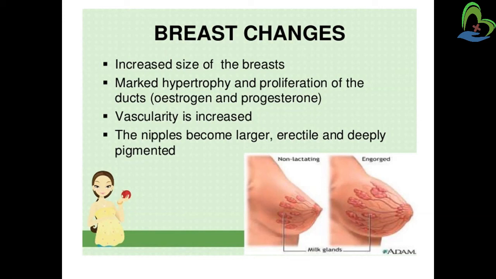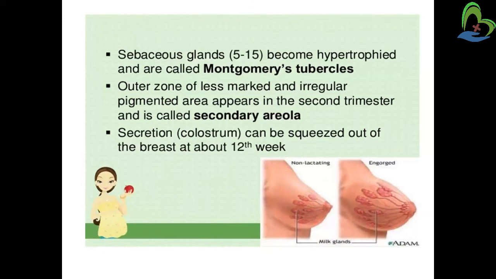The nipples become larger and erectile as well as deeply pigmented. The sebaceous glands present in the nipple, when hypertrophied or increased in size, are known as Montgomery tubercles.